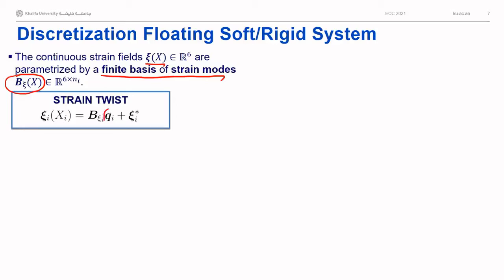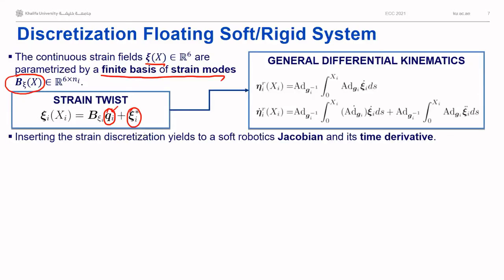This defines our generalized coordinate. And this C star is the strain of the soft link in the reference unstressed configuration, the unloaded configuration, so without elastic energy.